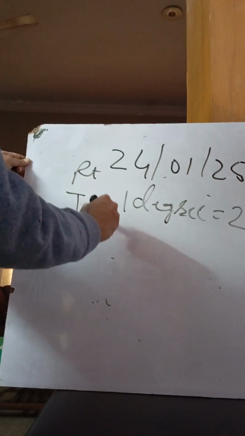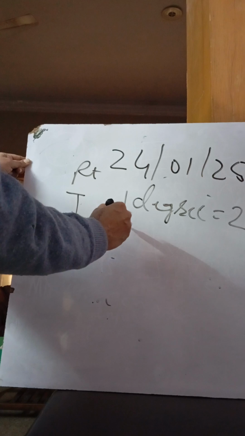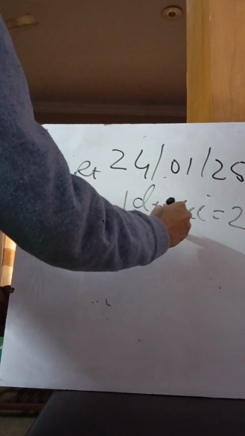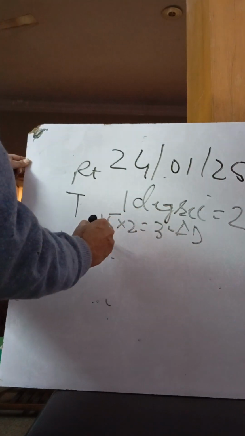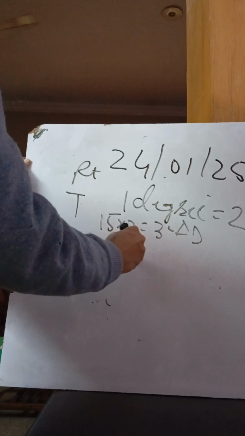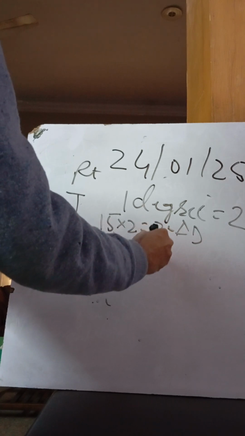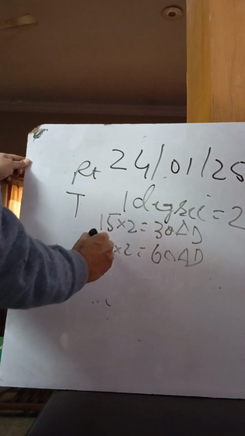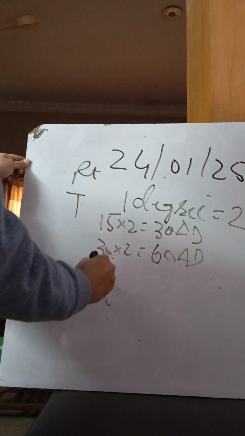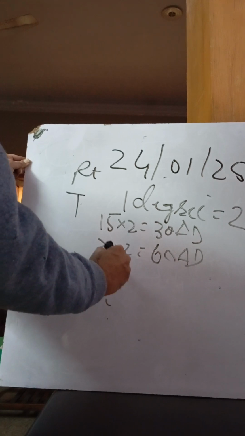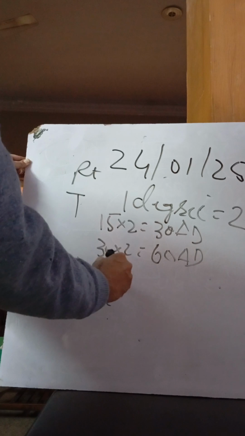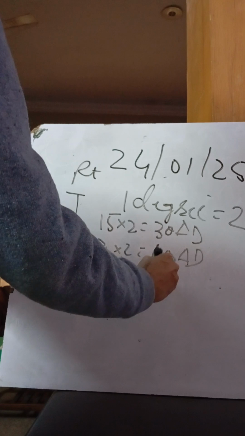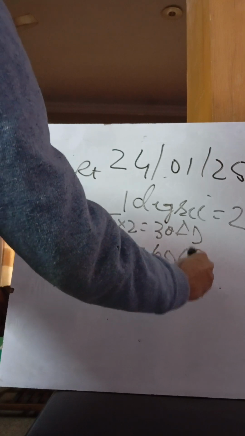So if the patient has 15 degrees of deviation, multiply it by 2, so it will be 30 prism diopters. 30 degrees will become 60 prism diopters, and 45 degrees multiplied by 2 will be 90 prism diopters.